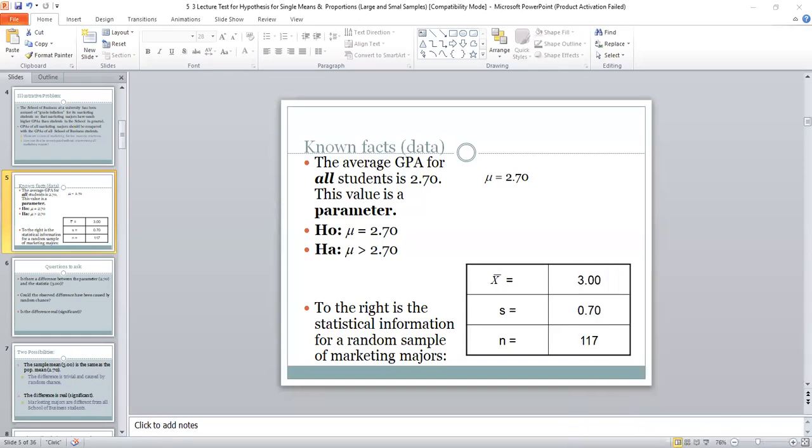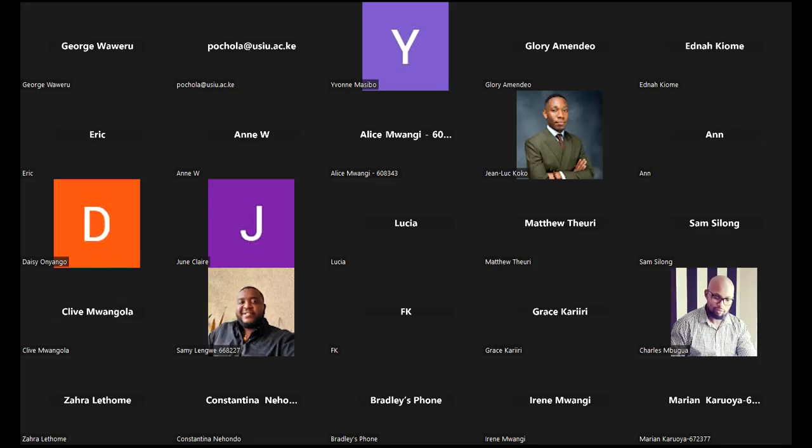I want to share Excel quickly, to enable us compute the test statistic. So this is my data I've collected. I'm sharing Excel.